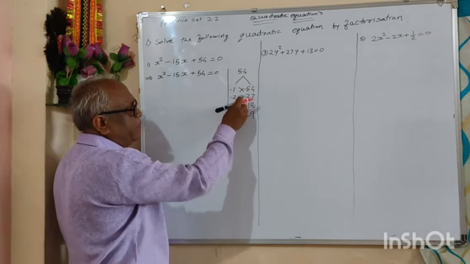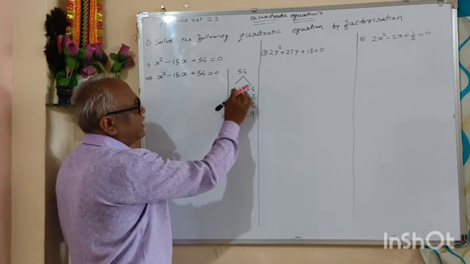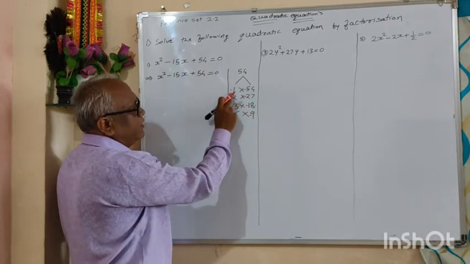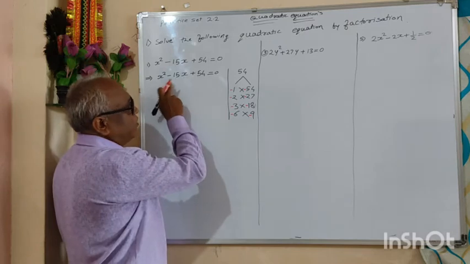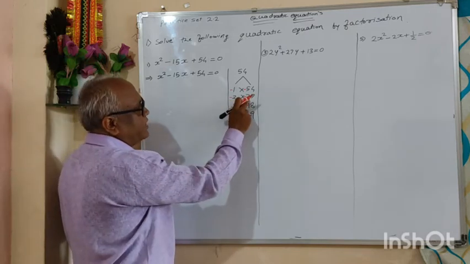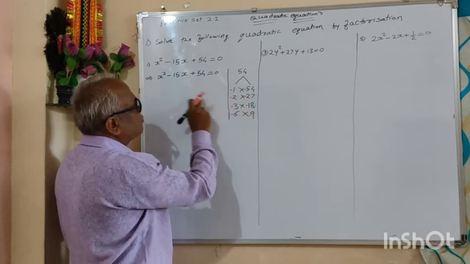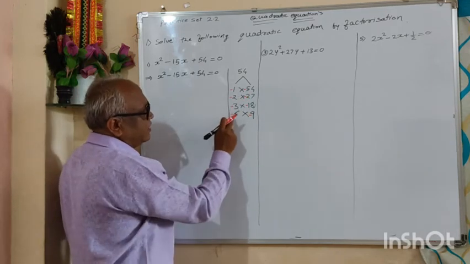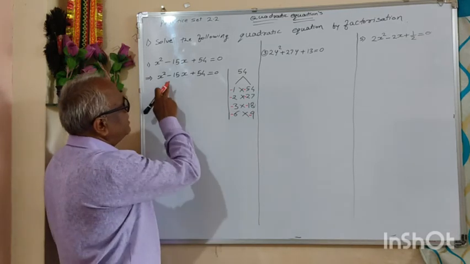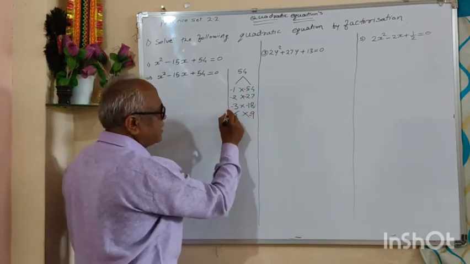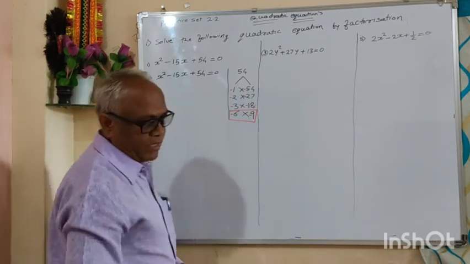Now forget this multiplication sign, and whatever the answer comes by the sign rule, it should be minus 15. Minus 1, minus 54 is minus 55. It is not there here. Minus 2, minus 27, the addition of this is minus 29. It is not there here. Now go to minus 6, minus 9. Minus 6, minus 9, that is minus 15. That means the required factors are minus 6 and minus 9.